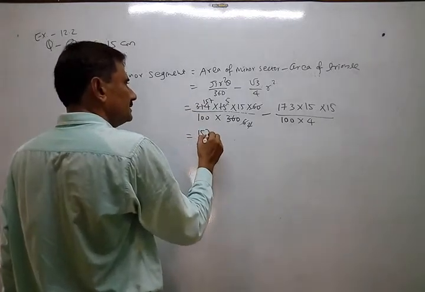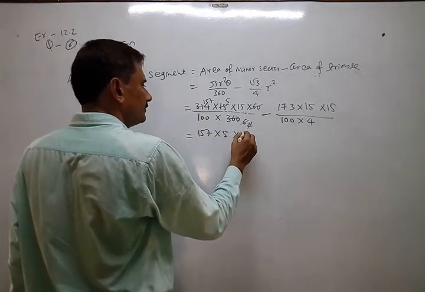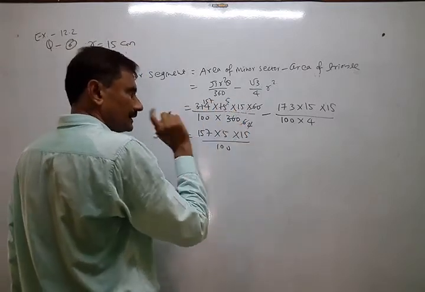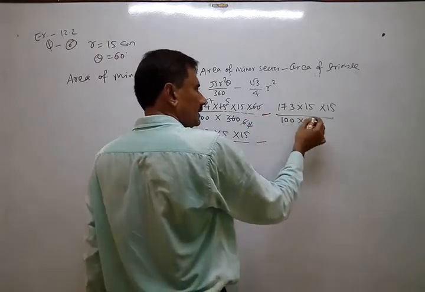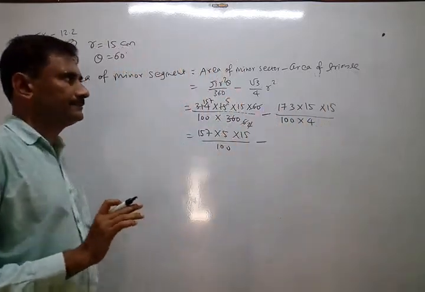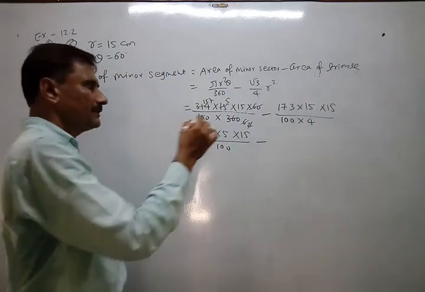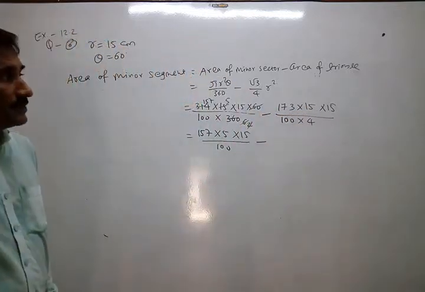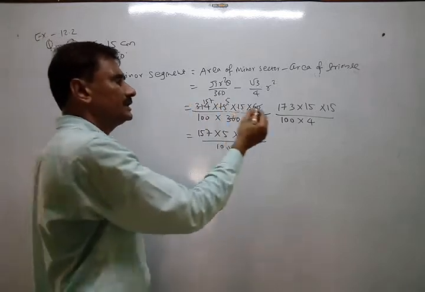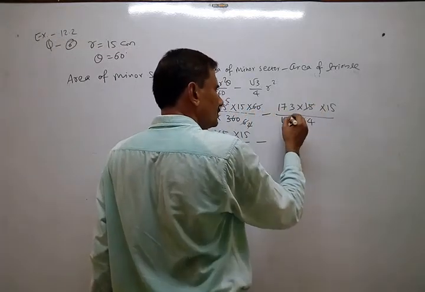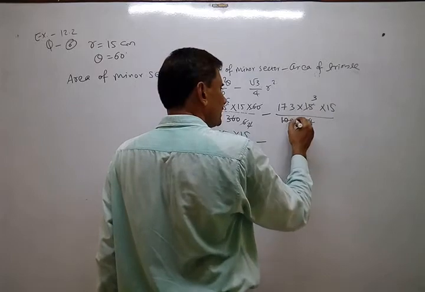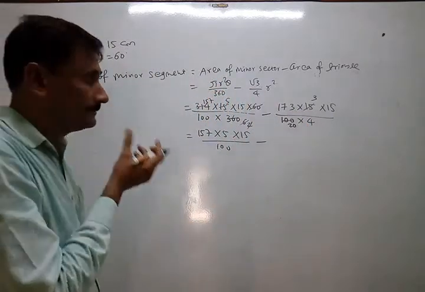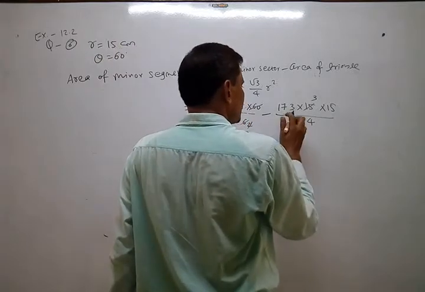Just 157 into 5 into 15 upon 100. Now nothing is cancelled here. By 5 we cannot cancel it, because 100 is useful here. Even then here is 4, so if you want to cut this way, it will be somewhat useful. Otherwise you can just keep it as it is.